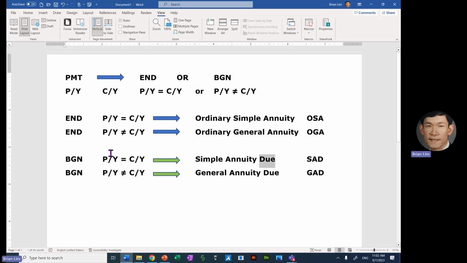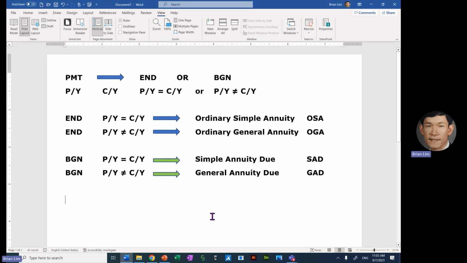That corresponds to this, begin and due, DUE. If the payment is made at the beginning and the payment frequency is not equal to the compounding frequency, then we have a general annuity due. Due because it's at the beginning.